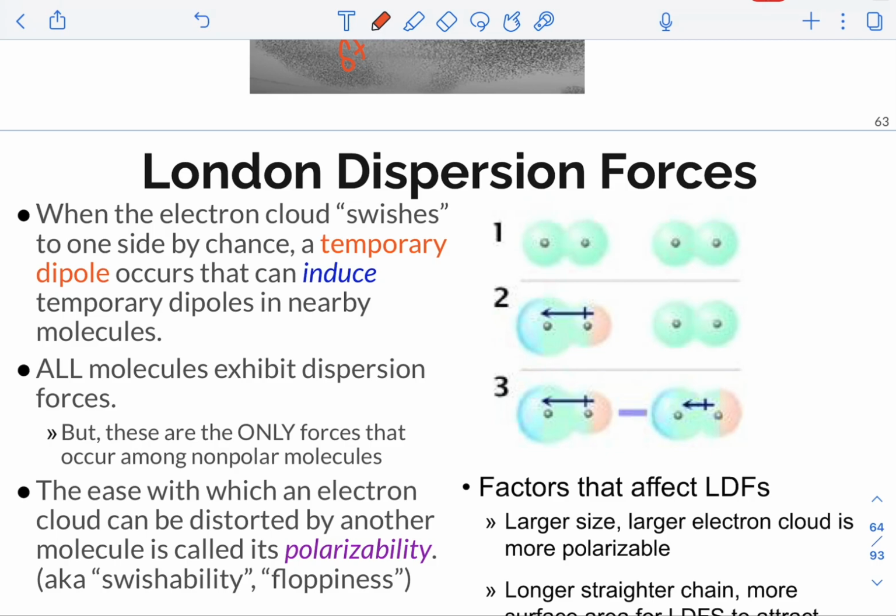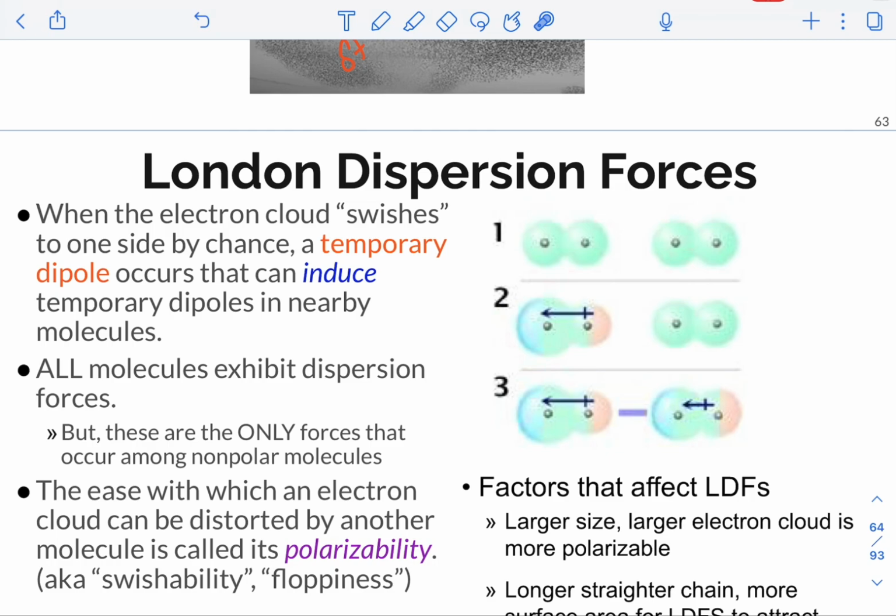And then they will be attracted to each other. So if there's a temporary dipole in one molecule, like we can see here, and then another one here, those positives will attract the negatives, and then vice versa, okay? So factors that will affect your LDF is larger size is going to have a stronger LDF because it has a larger electron cloud.